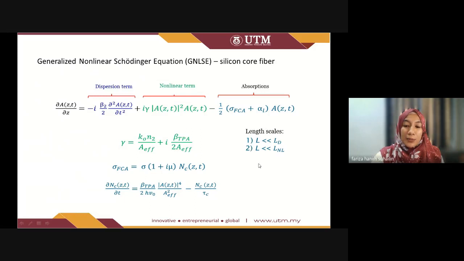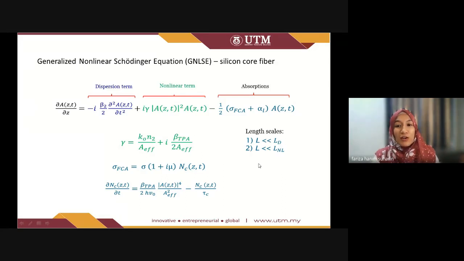And depending on the length of optical fibers that you use, different terms are going to play a role. For example, for silicon optical fibers, because they have high nonlinearity, you only require a very short length of optical fiber to probe all these nonlinear effects. For example, the longest one that I use is 5 millimeters. The shortest I've been working with is around 1.5 millimeters.